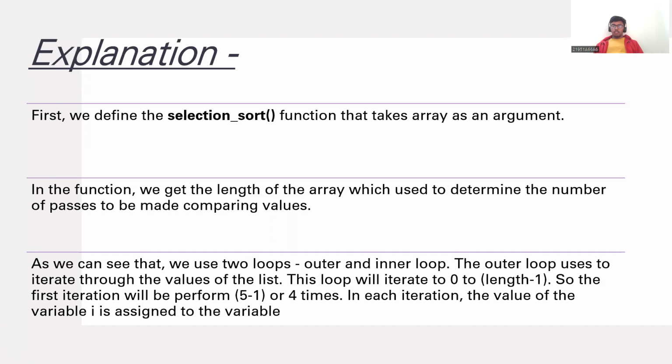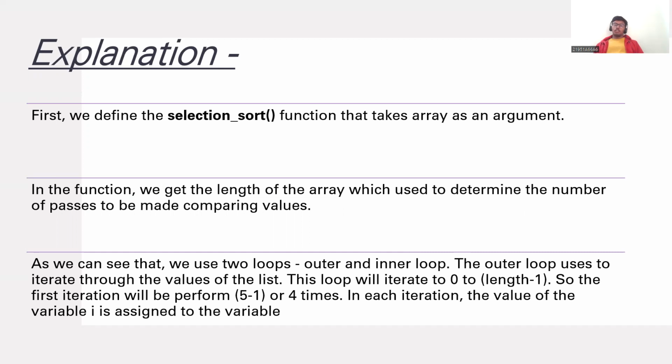As we can see, we use two loops, outer and inner. The outer loop is used to iterate the values of the list. The loop will iterate from 0 to length minus 1. So the first iteration will be performed 5 minus 1, or 4 times.